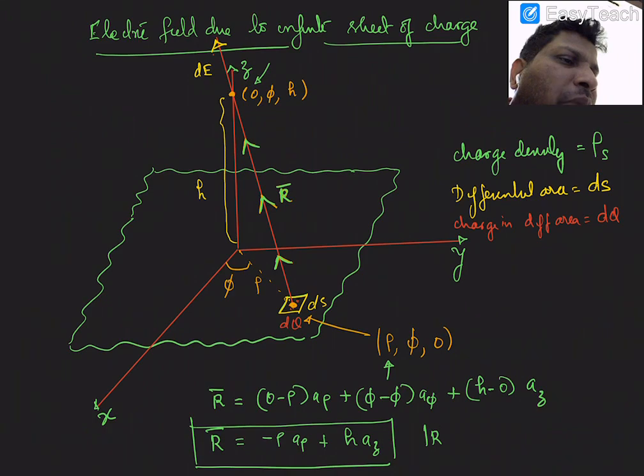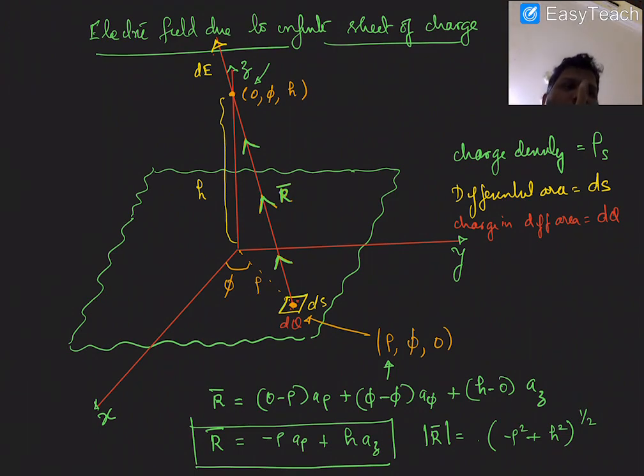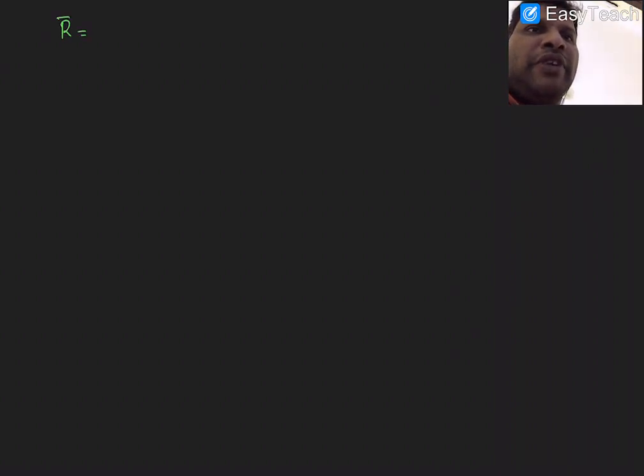The magnitude of r bar is given as the root of minus rho squared plus h squared, whole power 1 by 2, but minus rho squared is equal to rho squared. So r bar is rho a rho plus h a z, and the magnitude of r bar is root of rho squared plus h squared.